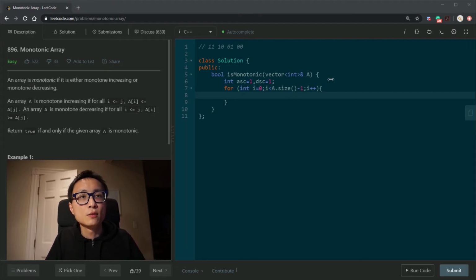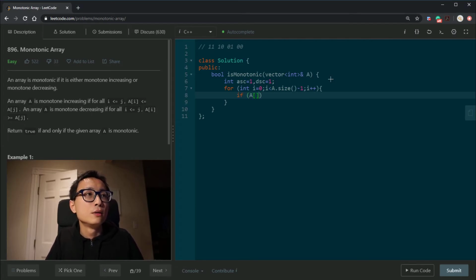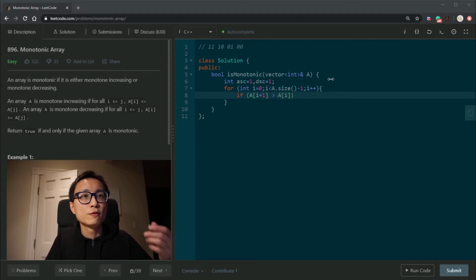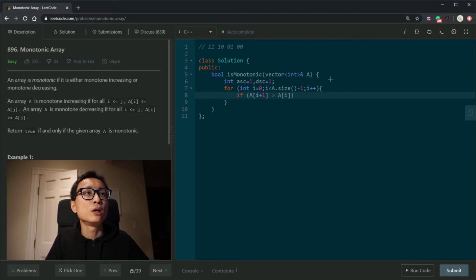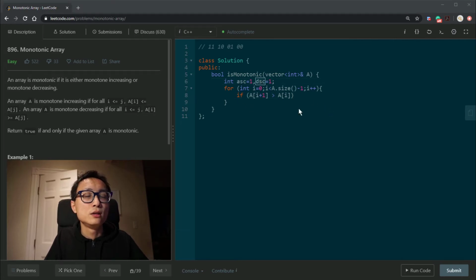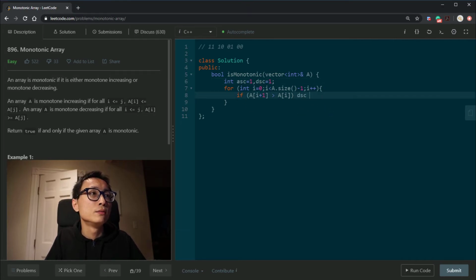We're just going to examine the pairs of adjacent numbers. If the latter one is strictly greater than the prior one, then it means it cannot be monotone decreasing. So we mark the second flag to be 0.